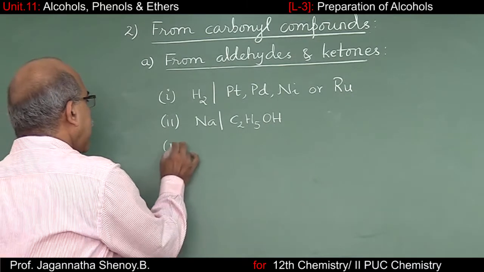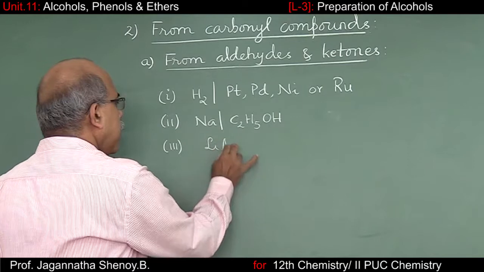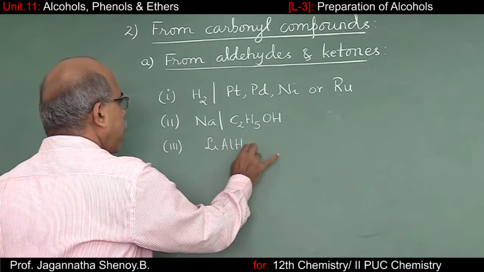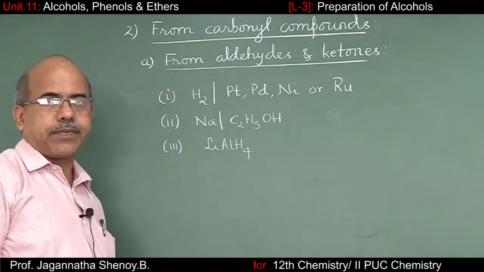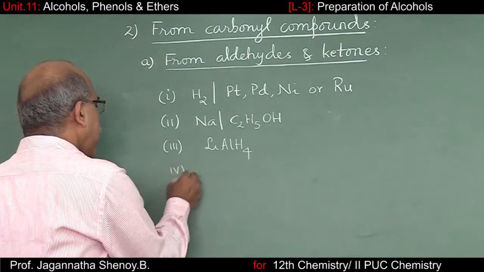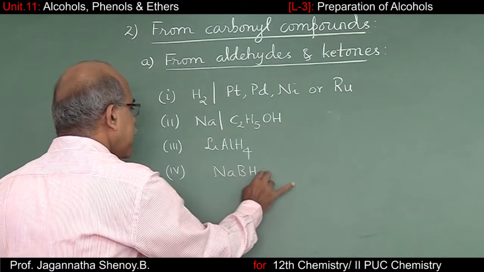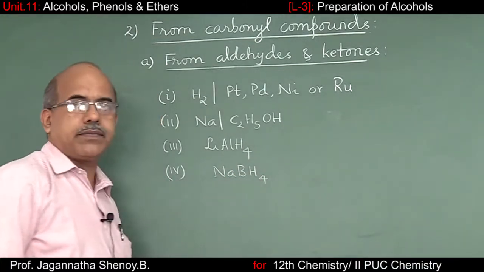The other reducing agent that I can make use of is lithium aluminum hydride. Very powerful reducing agent is lithium aluminum hydride, or as I have already told you, the other reducing agent can be sodium borohydride.